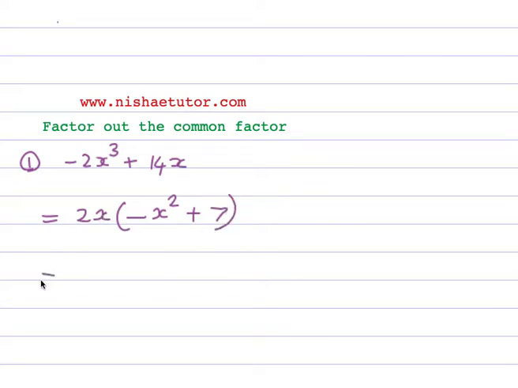Or we can take common negative also. When we take negative outside, all signs will be changed. Minus x square becomes positive x square and plus 7 becomes minus 7. So this is our answer.